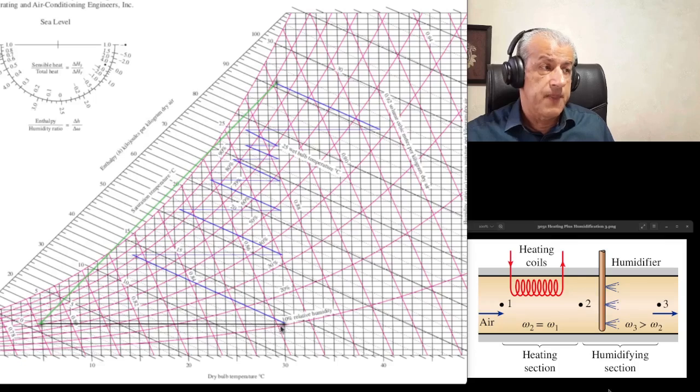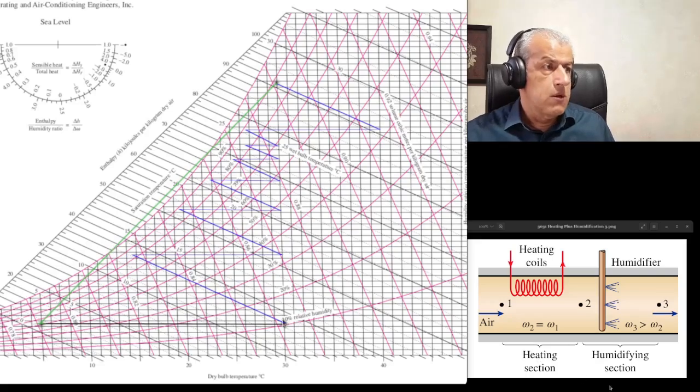If we inject water into this flow, it would follow the adiabatic saturation temperature line, which is this one, giving us the wet bulb temperature line.